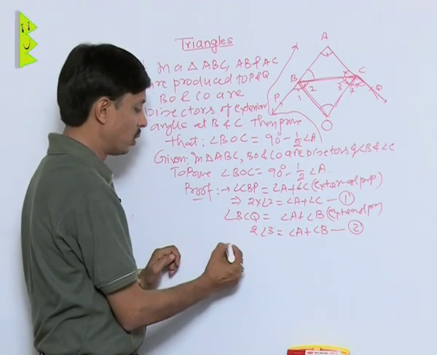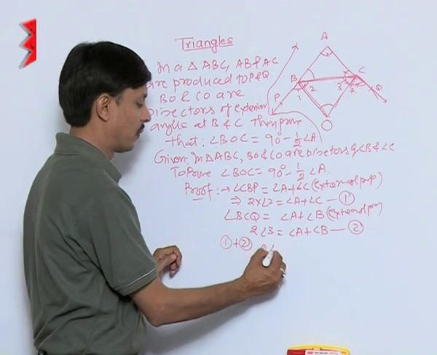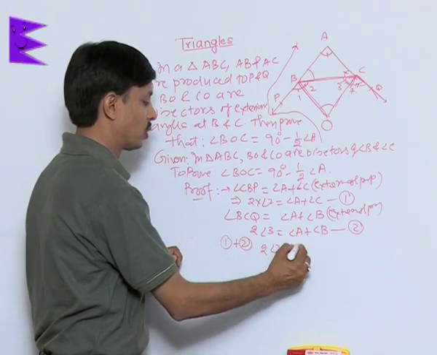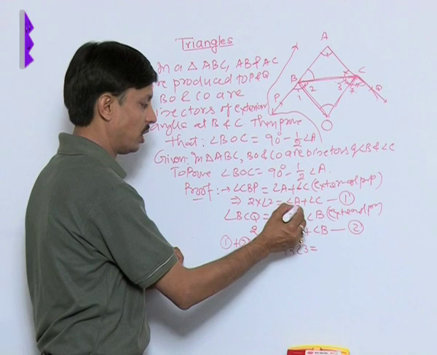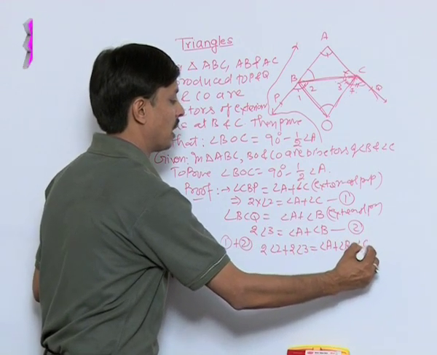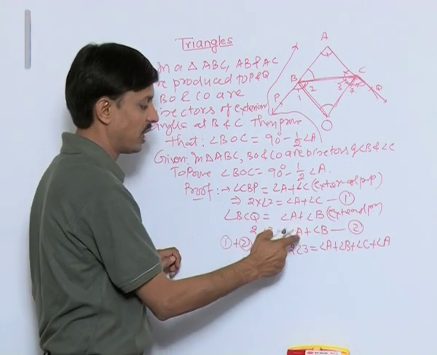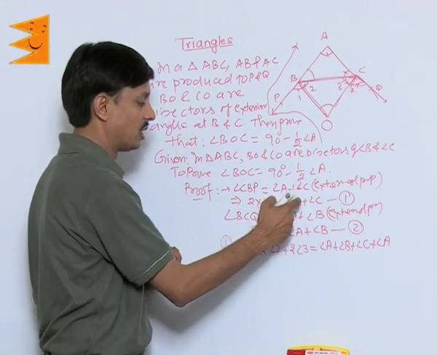If I ask you to add 1 and 2, we will notice twice of angle 2 plus twice of angle 3 is equal to angle A plus angle B plus angle C plus angle A. Because A plus C is here, A plus B is here, A is coming 2 times.